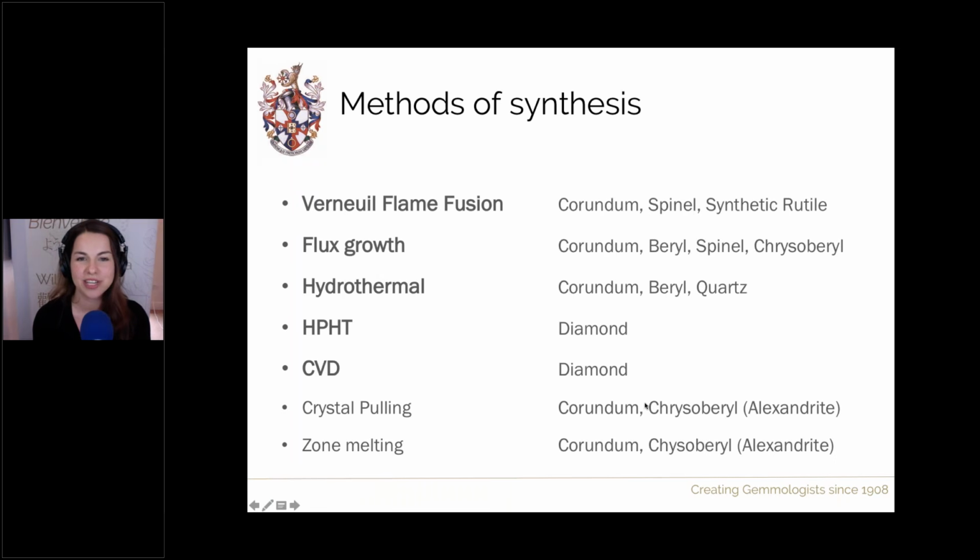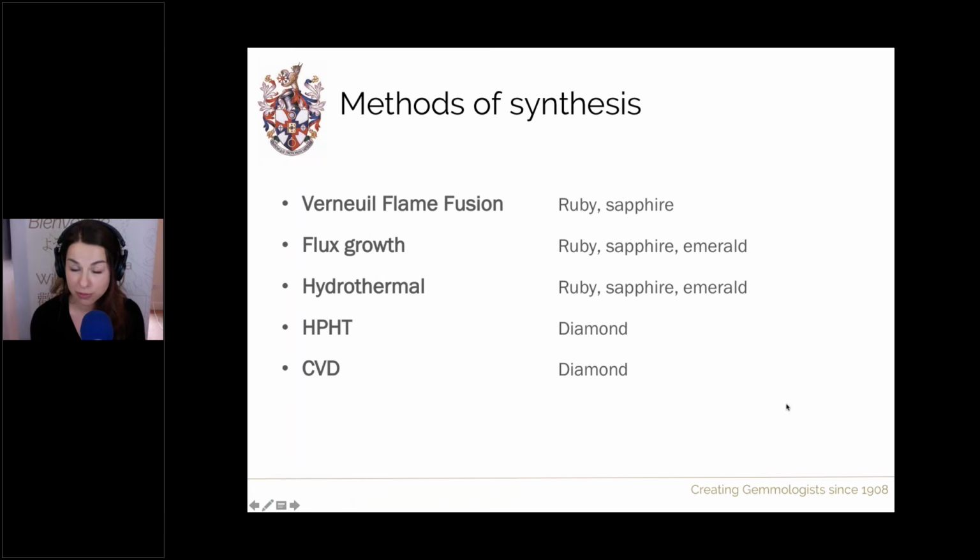So for this session, we're going to focus on the most common, the big four gems, if you like: ruby, sapphire, emerald, and diamond. We're going to focus on the most common methods by which these are synthesized, talk about how these methods grow the various gems, and then focus on the identification features of each type of synthetic.